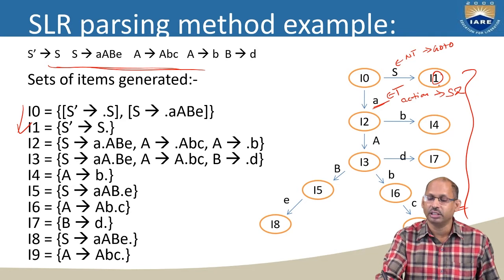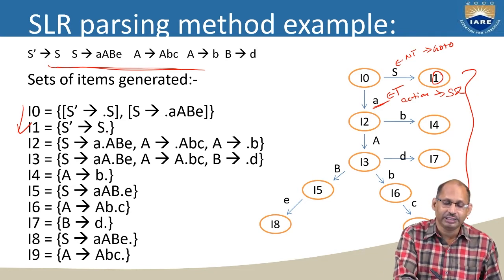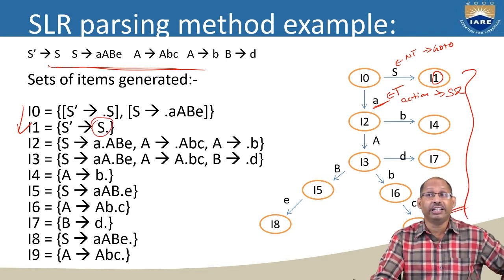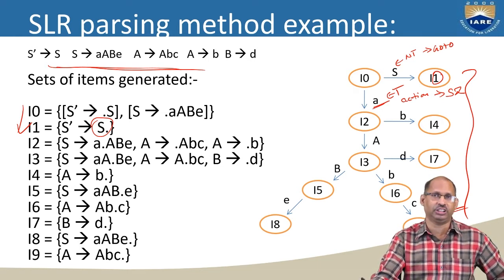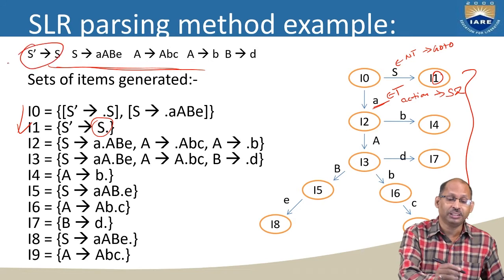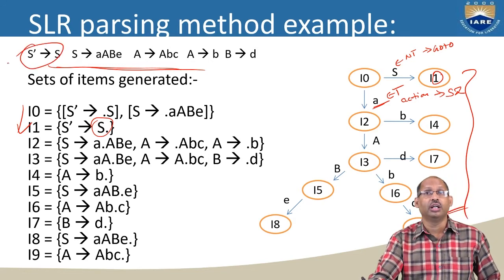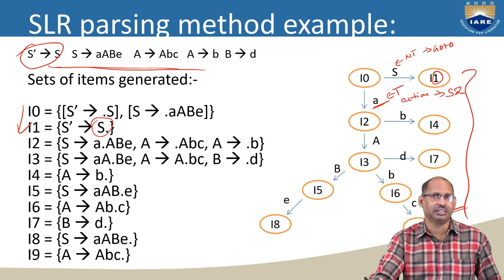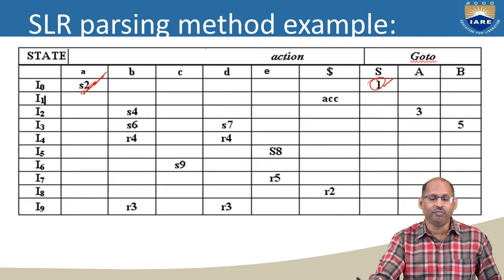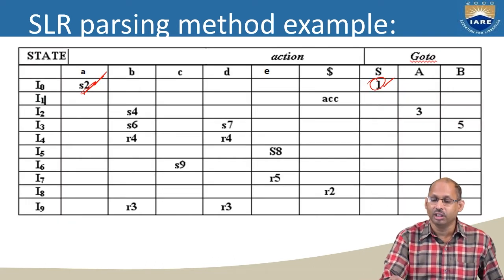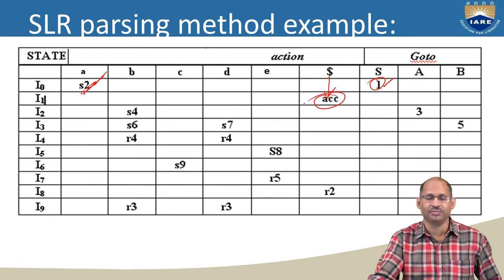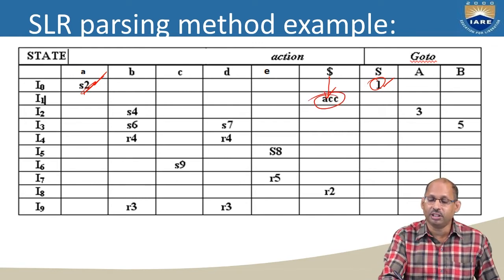What is I1? Here, I1 is S' going to S dot. What is a dot at the end? It is the end of the production, for the special production. Follow of S' is a dollar sign. So in the place of the dollar sign, we write accept.